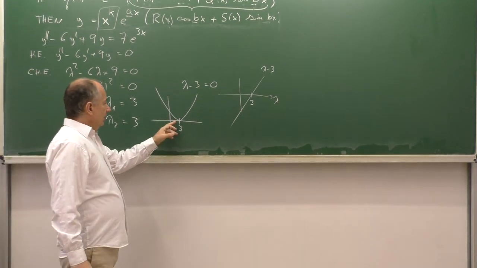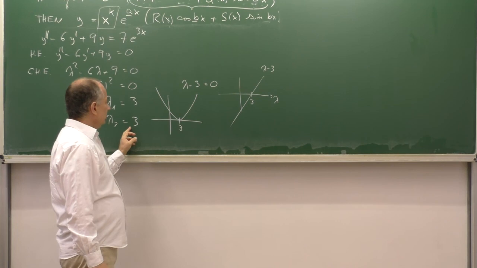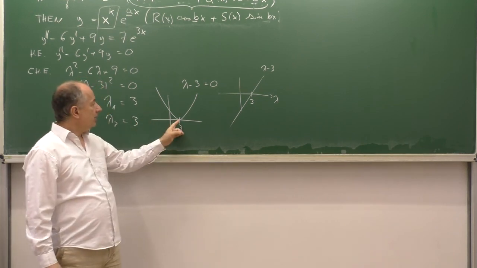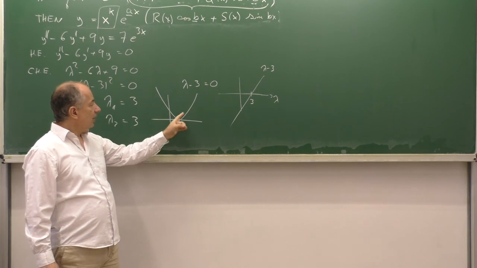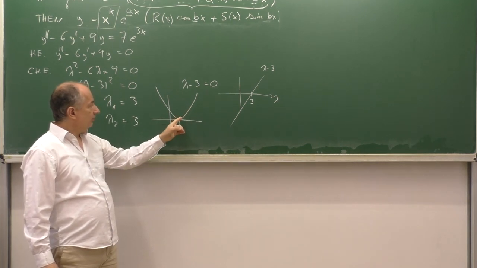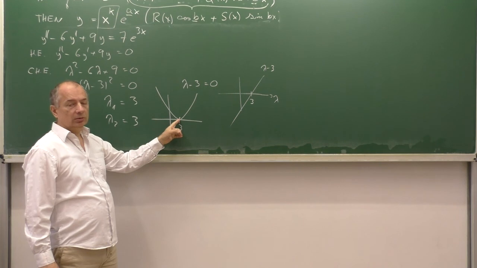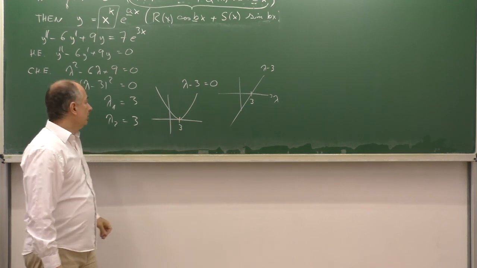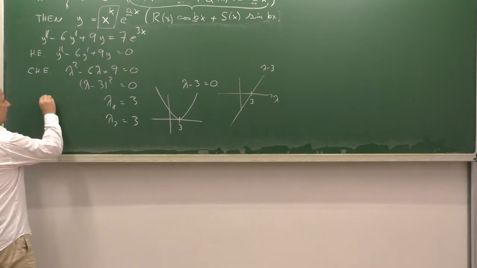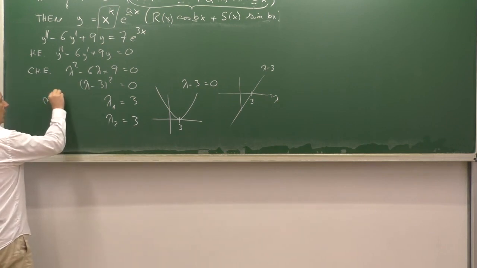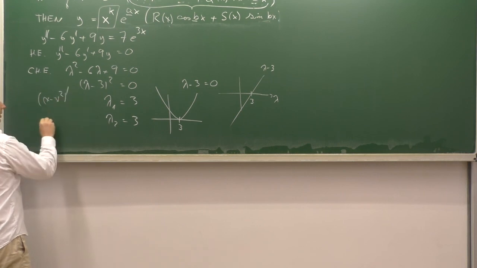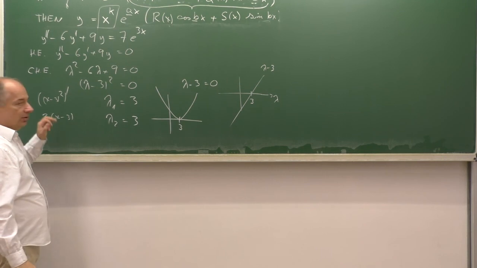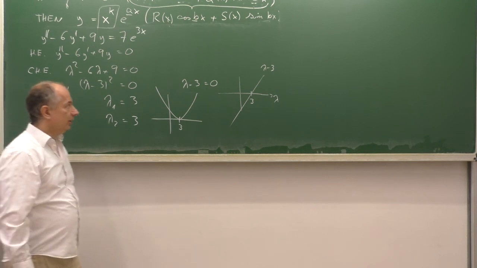And the multiplicity of the root, the root being double root, is seen from this picture: not just that the function value is equal to 0 at 3, but also the derivative is equal to 0. If you take the function (x minus 3) squared and differentiate, you have 2 times (x minus 3), which is also equal to 0 at 3.